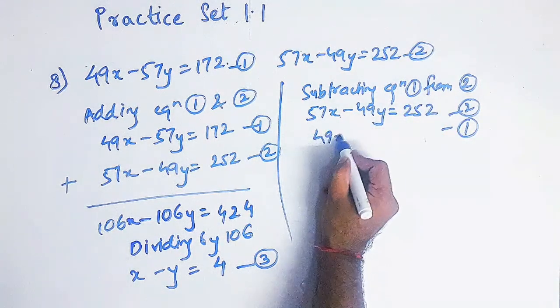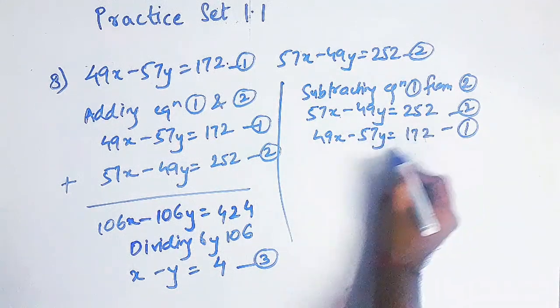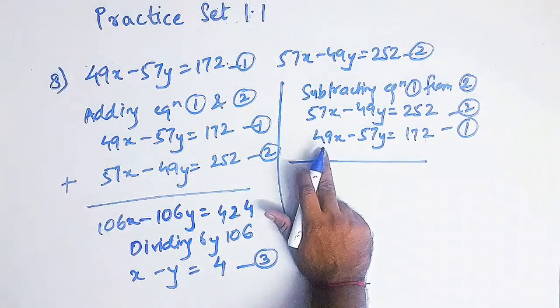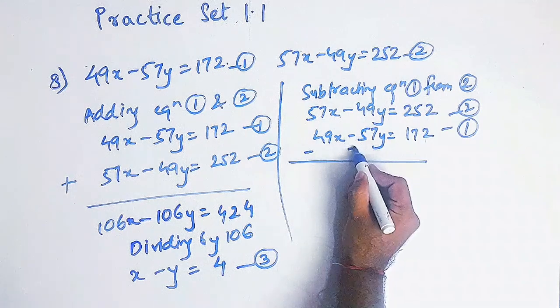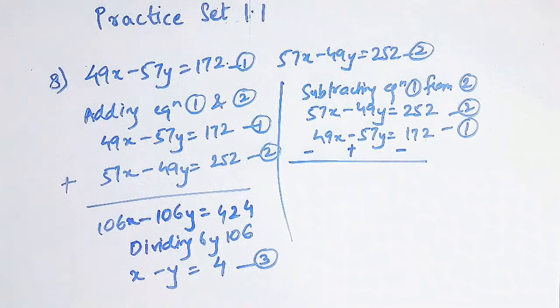This is 49x minus 57y equals 172. While subtracting, the sign of the equation that is below changes. This will become minus, this minus becomes plus, this plus becomes minus.